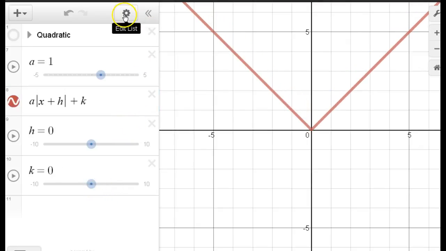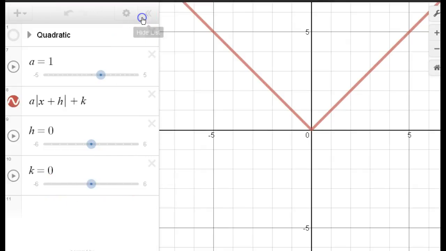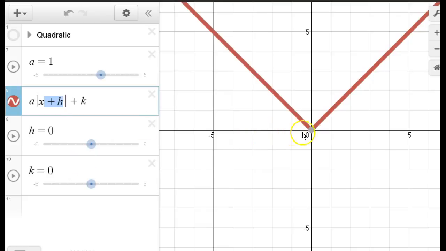Let's make these go from -6 to 6. Let's count by ones. Okay. All right. So if I move the number on the inside, okay, what does that do to the graph?